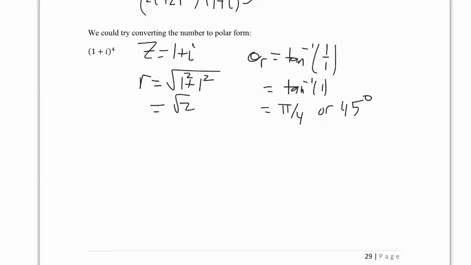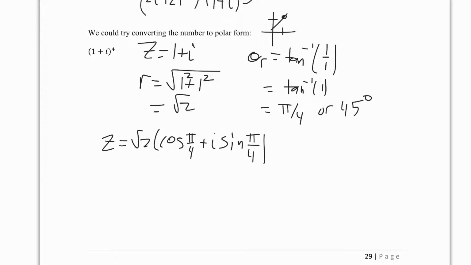Again, we could think of drawing this if we wanted. We have our little diagram, over 1, up 1, so there's our point. Now z would be r, and then cos pi by 4 plus i sine pi by 4.